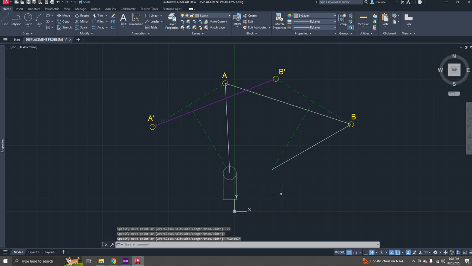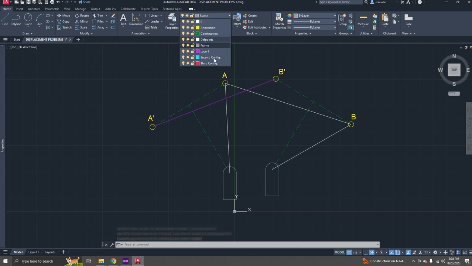Bit of an excessive frame point there, but it is what it is. There we have it. There we have our 2 frame points.